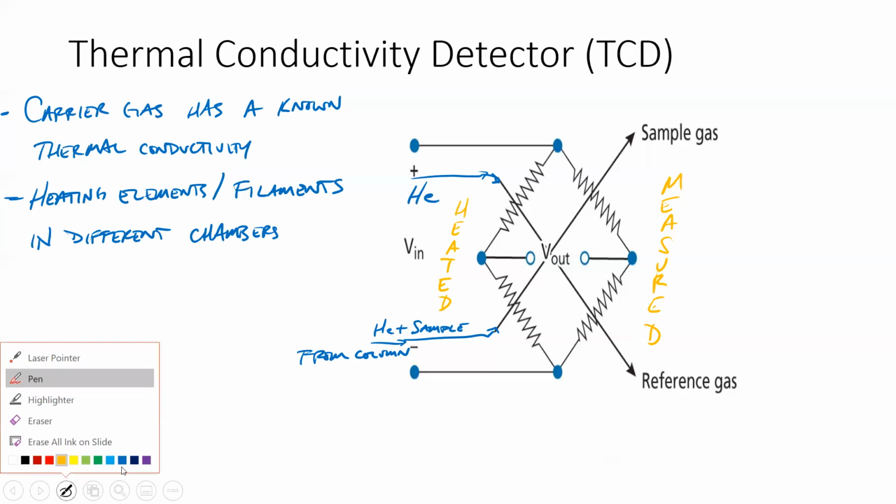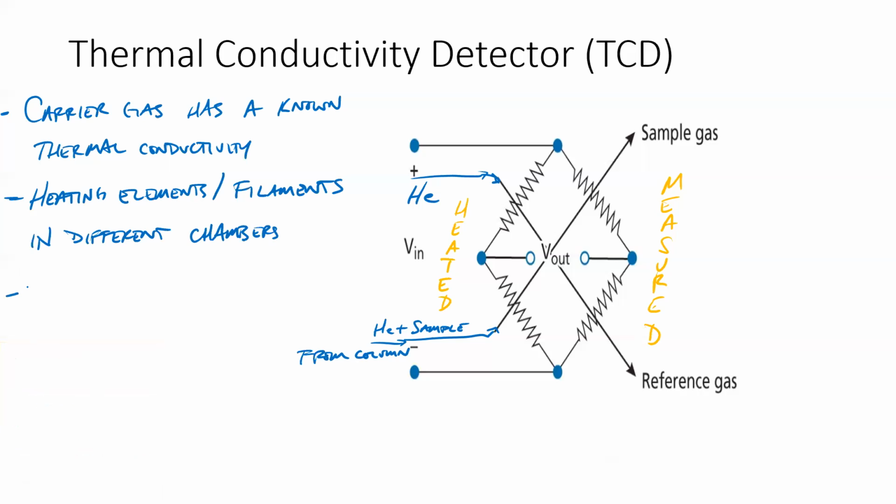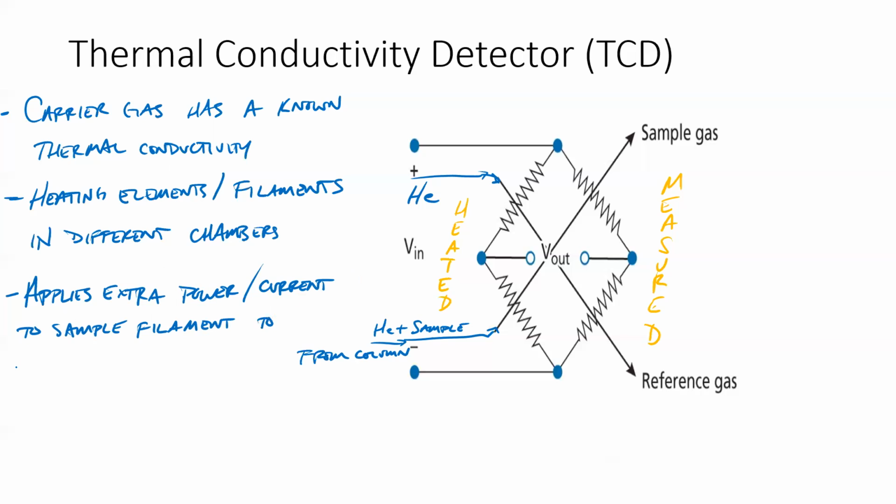The way that the detector actually detects is that it applies extra power or current, if we want to think about those actual electrons flowing, to the sample filament to maintain the reference temperature.